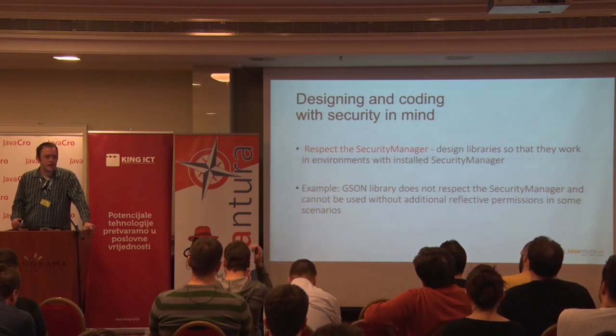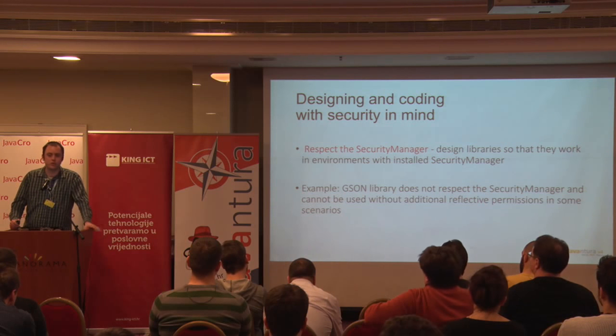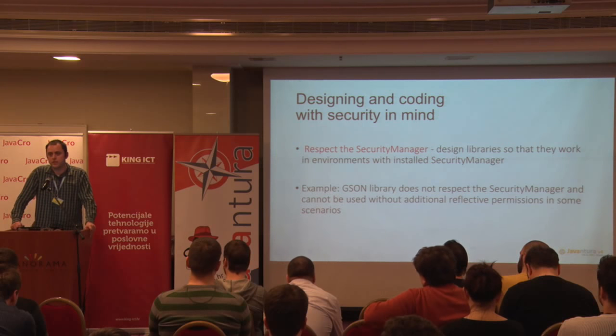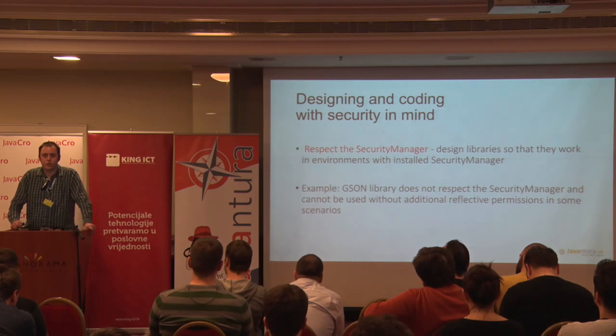For example, I had a while ago the case when I wanted to use a JSON library in an OSGi bundle. And the JSON library didn't provide me with any way that it used the security manager inside of the library. So what I hit was the JSON library essentially tried to use reflective calls, which are disallowed to bundles.